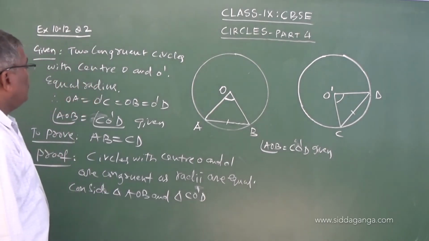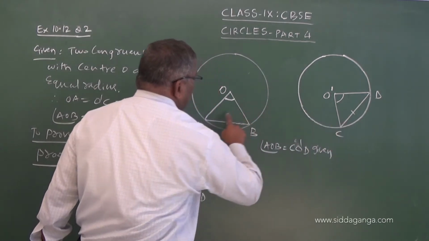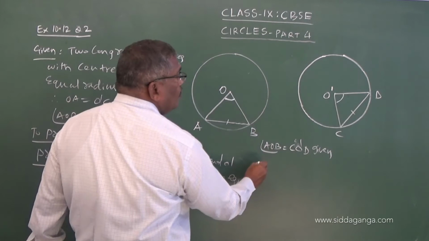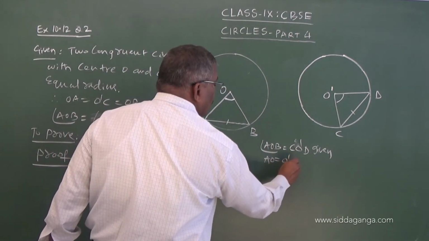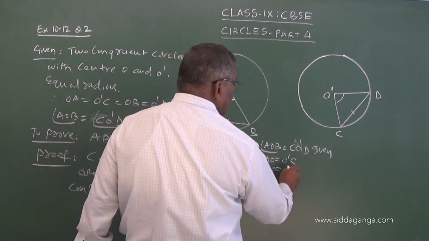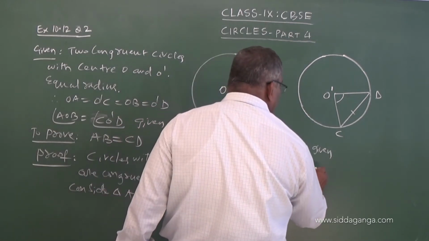The radii AO equals O dash C, and BO equals O dash D, equal radii.